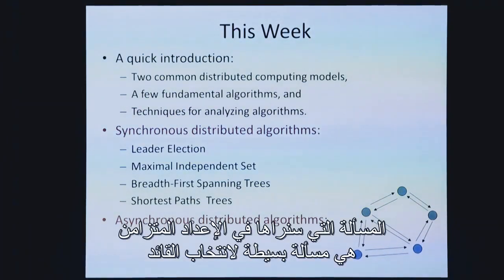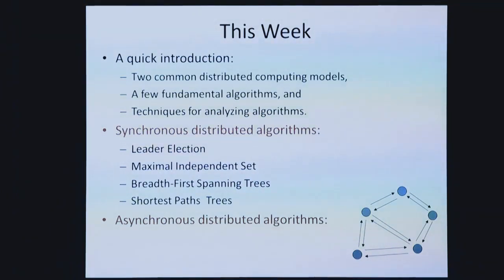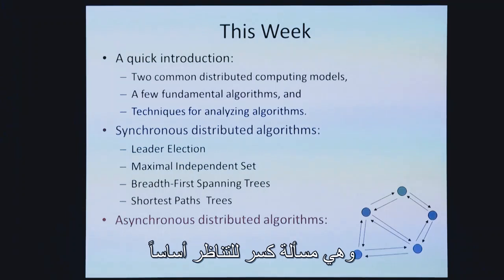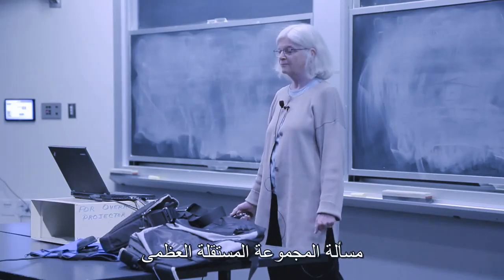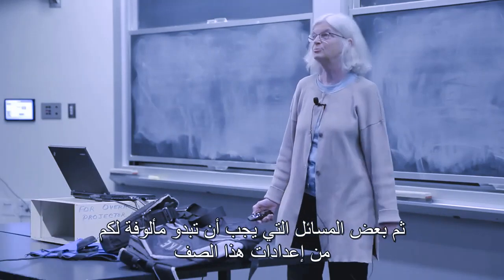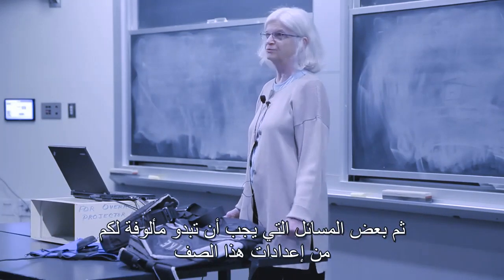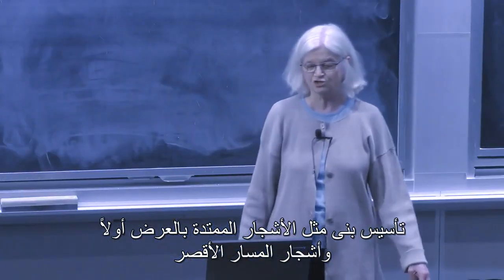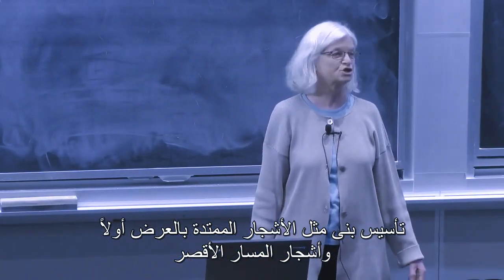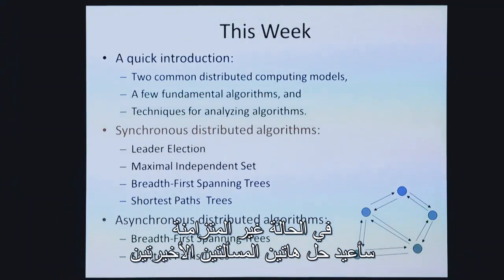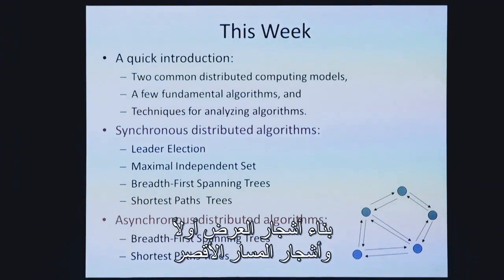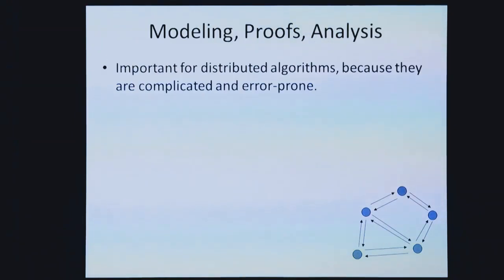The problems I'll look at in the synchronous setting are a simple problem of leader election, which is a symmetry breaking problem, the maximal independent set problem, and then a couple of problems that should look familiar to you from the settings of this class, establishing structures like breadth-first spanning trees and shortest paths trees. In the asynchronous case, I'll revisit these last two problems, setting up breadth-first and shortest paths trees.